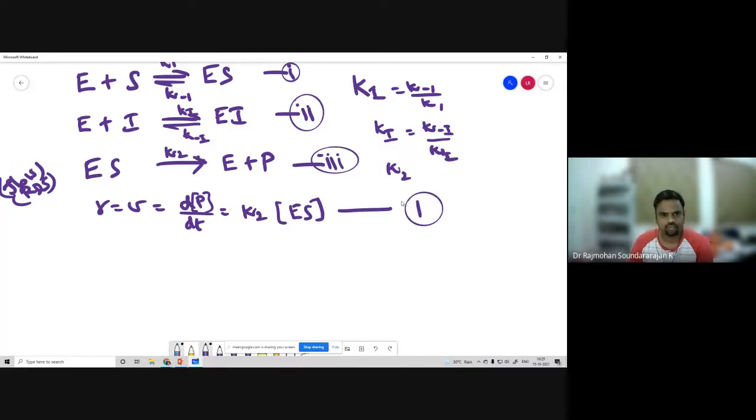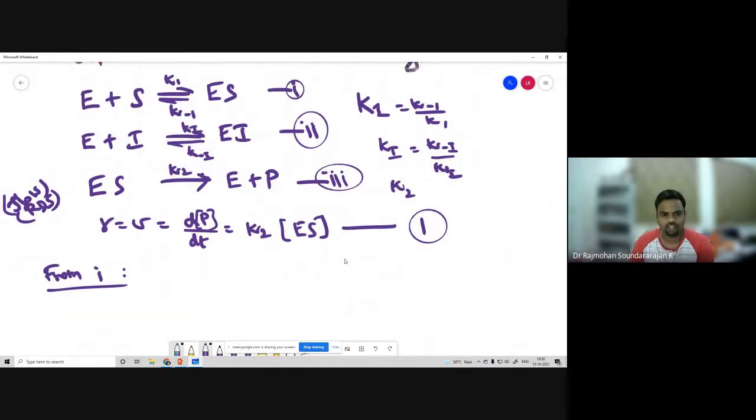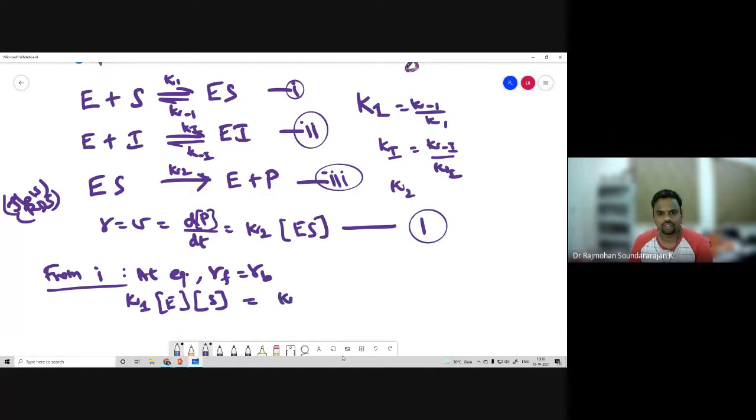From step 1, just write the rate of the forward reaction at equilibrium, standard thing. At equilibrium, the rate of the forward reaction is equal to the rate of the backward reaction. So we have K1 into E into S equals K minus 1 into ES.